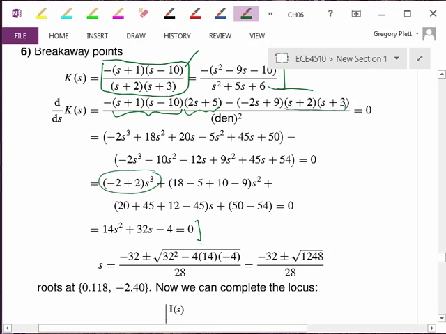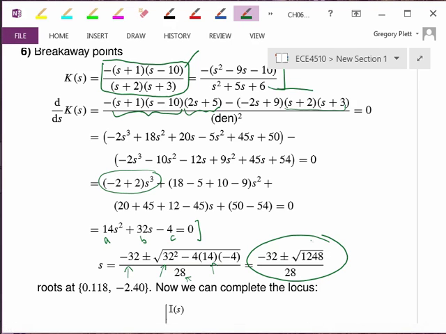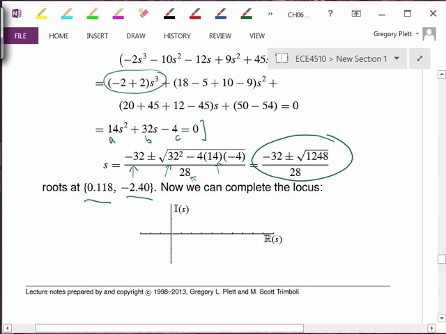This is the quadratic A, quadratic B, quadratic C. So I have minus B plus or minus the square root of B squared minus 4AC, over 2A. Putting all the numbers in, I believe you will get that result. That is where the breakaway and the break-in points are, where the branches of the root locus intersect. Put that in your calculator, get a numeric answer. We have a breakaway point at 0.118 and a break-in point at minus 2.4.